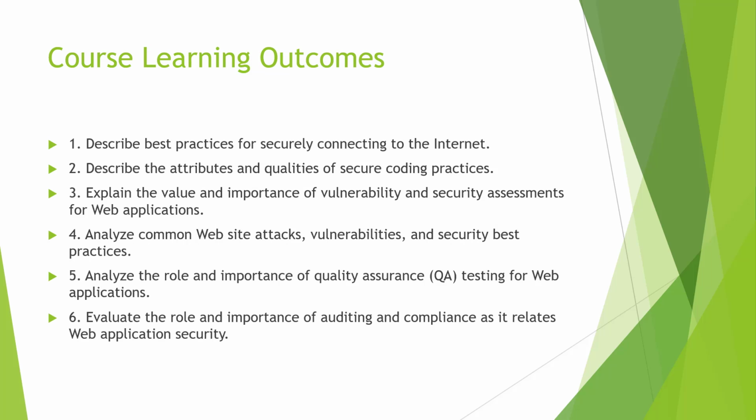Learning outcomes: there are 6 main outcomes. Best practices for securing devices connected to the internet, looking at attributes and qualities of secure coding, explaining the value and importance of vulnerability and security assessments for web apps, analyzing common website attacks, vulnerabilities, and best practices, analyzing the role and importance of quality assurance for testing web and web-based applications, and lastly, evaluating the role and importance of auditing and compliance as it relates to web-based apps.